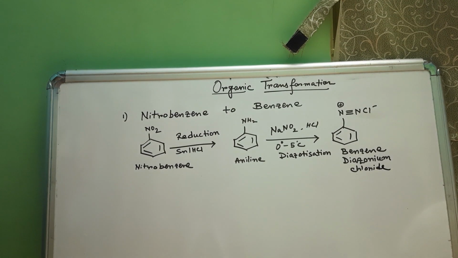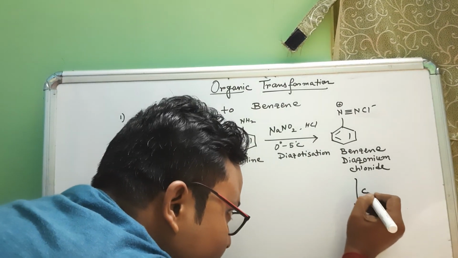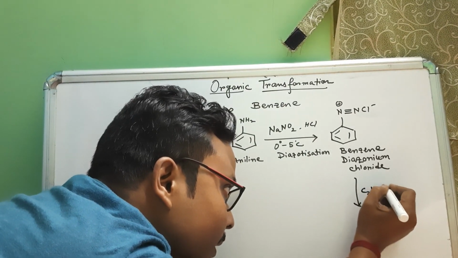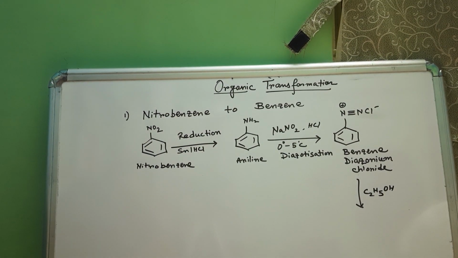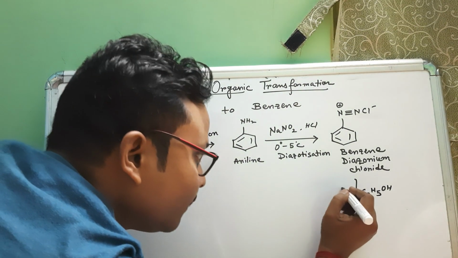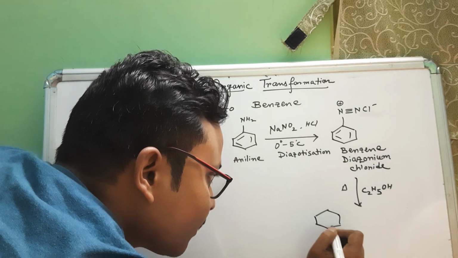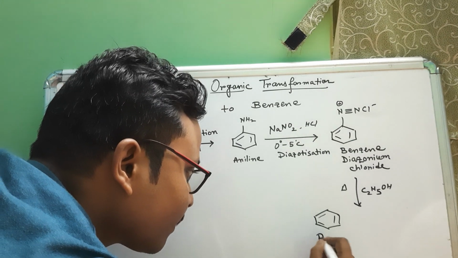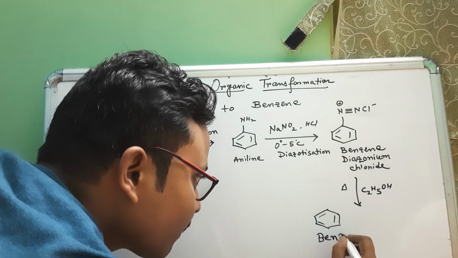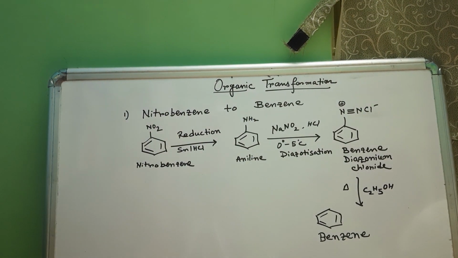This is benzene diazonium chloride, and from benzene diazonium chloride, if you heat it in the presence of ethanol, C2H5OH, you will get benzene. Okay, my dear friends, so this is benzene.